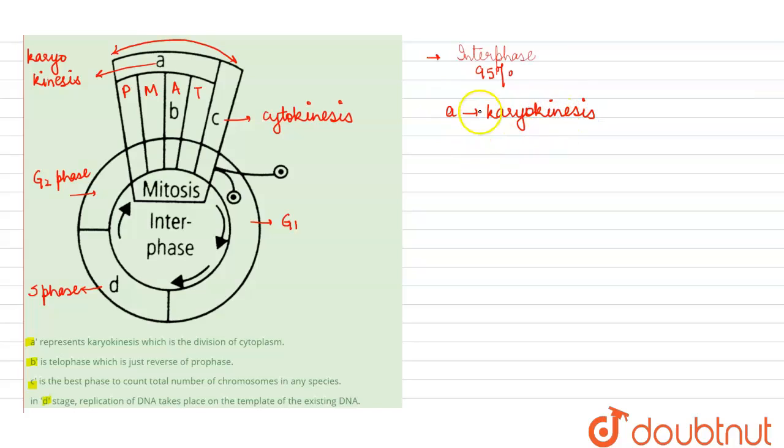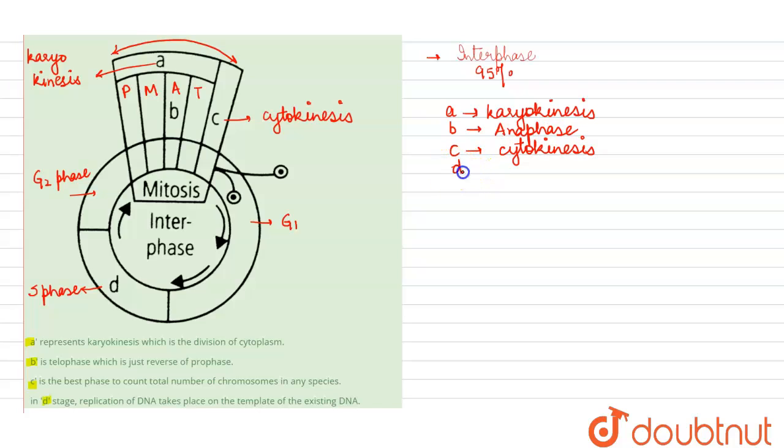Which is going to take place in P, that is prophase, M, that is metaphase, anaphase and telophase, followed by the B. The B one is basically the anaphasic stage of the M phase. The C is the cytokinesis, that is the division of the cytoplasm, so that the cell can now divide into two finally.